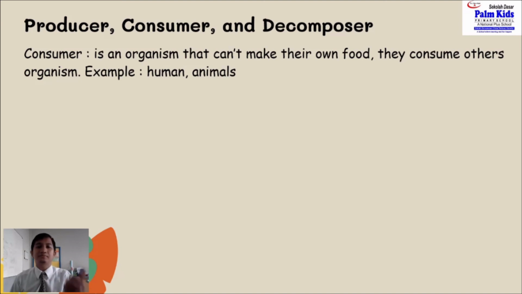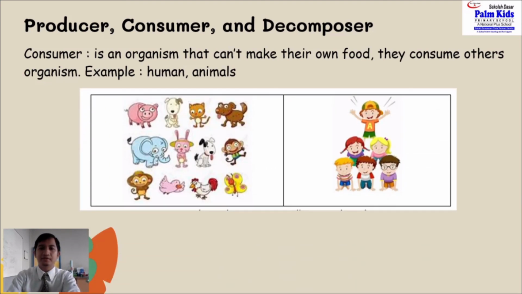And sometimes animals eat two things: one that only eats plants and one that only eats other animals. We can see that these animals and humans eat other beings. There are also certain plants that eat other animals, but most of these are just examples.